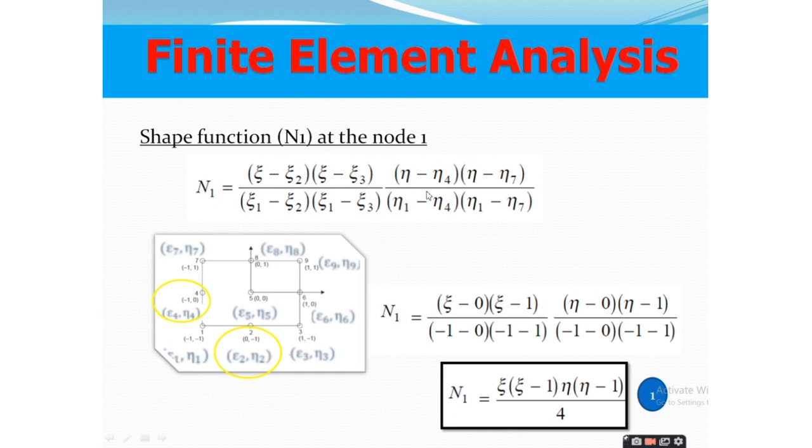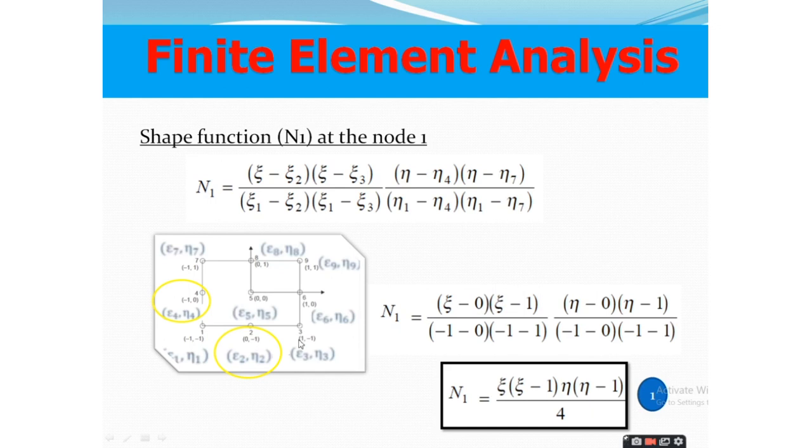Now we have to substitute the corresponding values: eta2, eta3, psi4, psi7, eta1, psi1. We have the values represented here, and we have to substitute the exact values. For example, eta2 is 0, so that's substituted here.